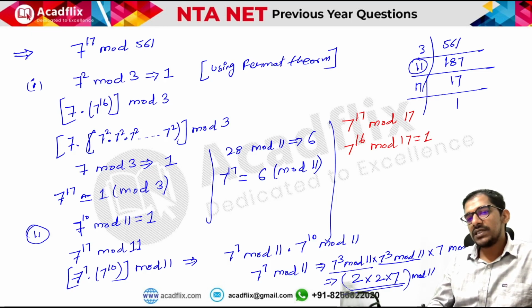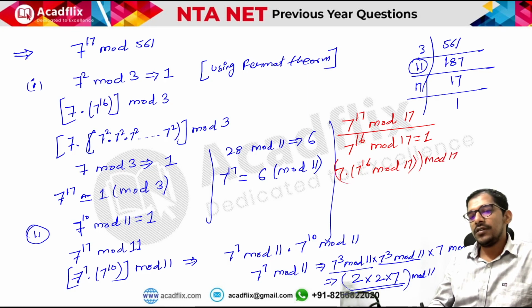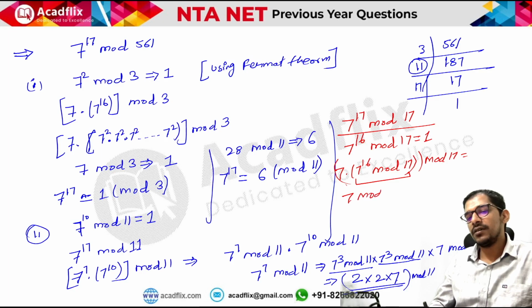This 7 to the power 17 can be written as 7 into 7 to the power 16 mod 17, and 7 to the power 16 mod 17 is 1. So we are now left with 7 mod 17 and that will be 7. So this means that we have found out 7 to the power 17 is equal to 7 mod 17.